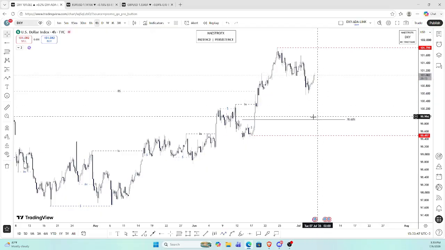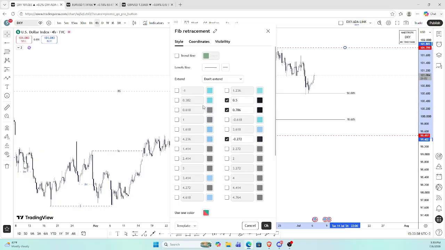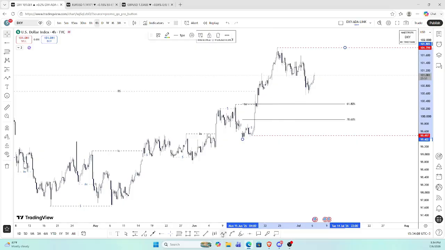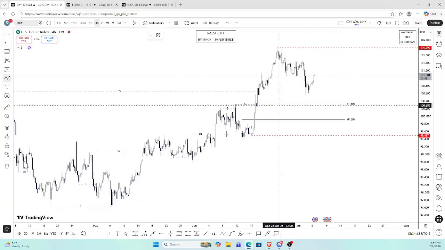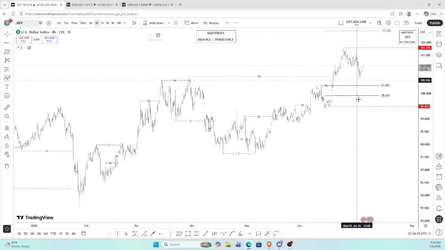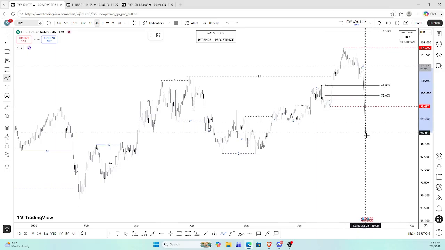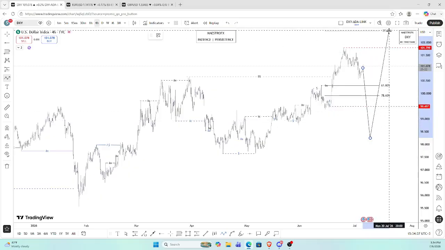If we look carefully, you can see that currently price is around 50%, but I think, since we have broken the daily swing, okay, since we've broken this daily swing, it is only fair for this price to retrace deep, which is around 61.8 or 78.6, and if these levels fail to hold, the price can be going for the daily retracement before we continue further.